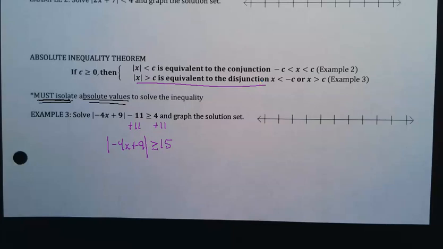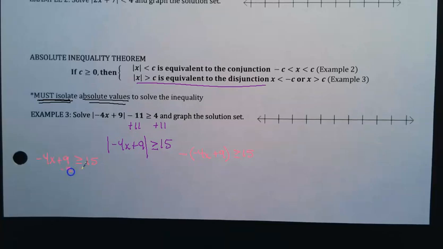All right, so what this means is we're going to have negative 4x plus 9 is greater than or equal to 15, or we're going to have a negative of that quantity, negative 4x plus 9, is greater than or equal to 15. Okay, so let's solve this first one.